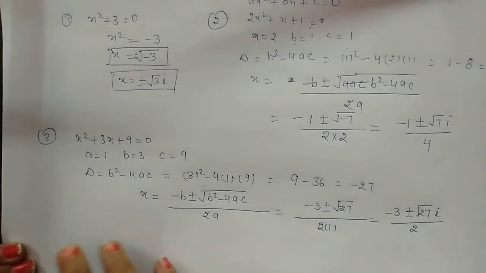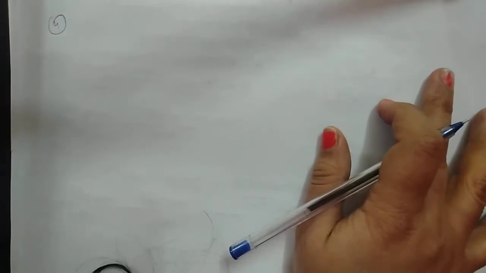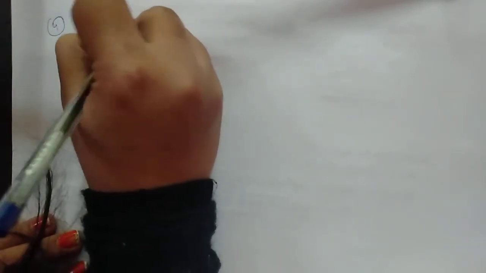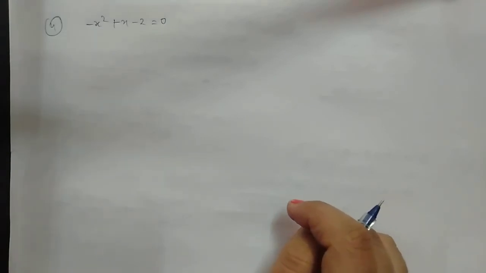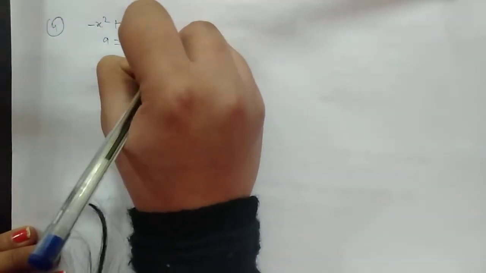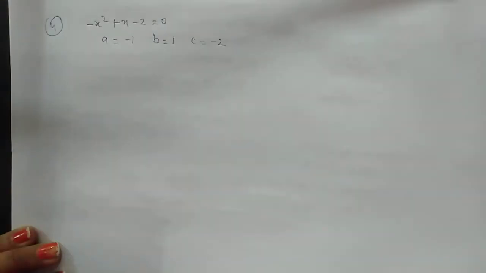Now we find the solution of other questions, that is question number 4. In question number 4 we have minus x square plus x minus 2 equals to 0. Here we have the value of a equals to minus 1, b equals to 1 and c equals to minus 2.